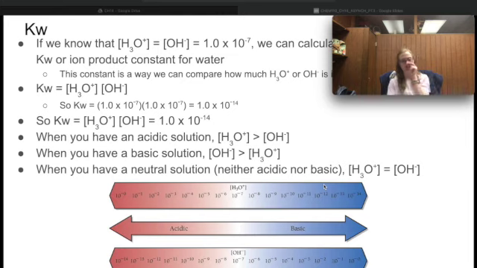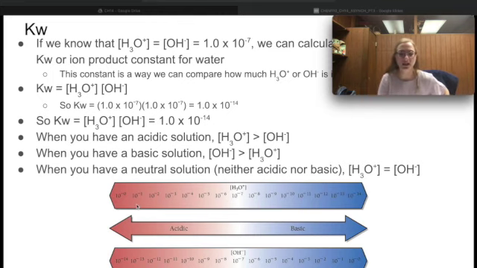Over here, if I have a low concentration of H3O+, I have a high concentration of OH-, and that's a basic environment, for example. So as I've mentioned before, an acid and base, that kind of definition, it's not just a binary, it's on a scale. So I'm kind of looking how acidic is something versus how basic is something, and they're just opposite ends of a number line almost.